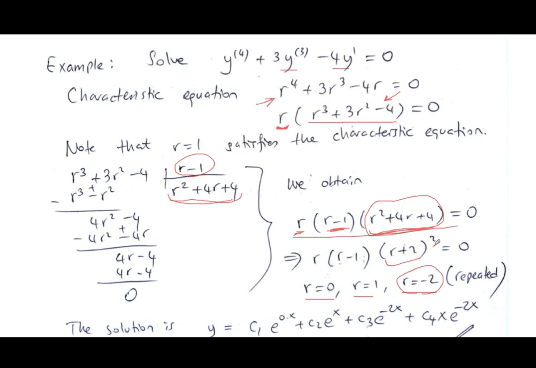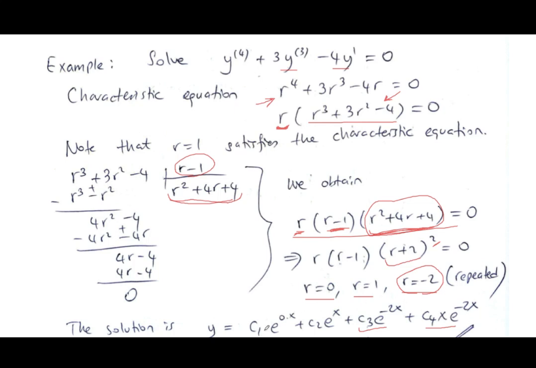So for the repeated roots, we write down first the root, the coefficient itself as e to the power minus 2x, and then we repeat it one more time by multiplying with the powers of x. So if this was repeated 3 times, then we will have one more term with x squared times the exponential.